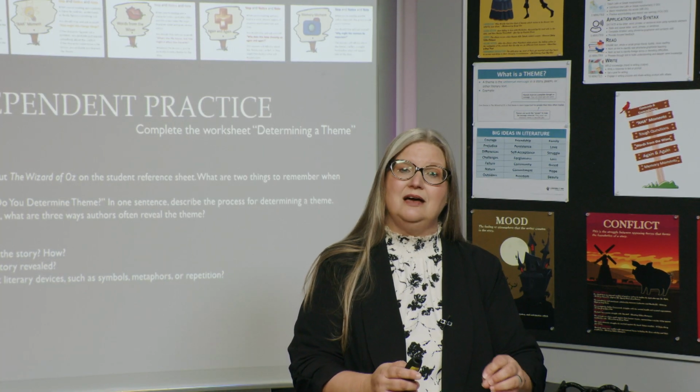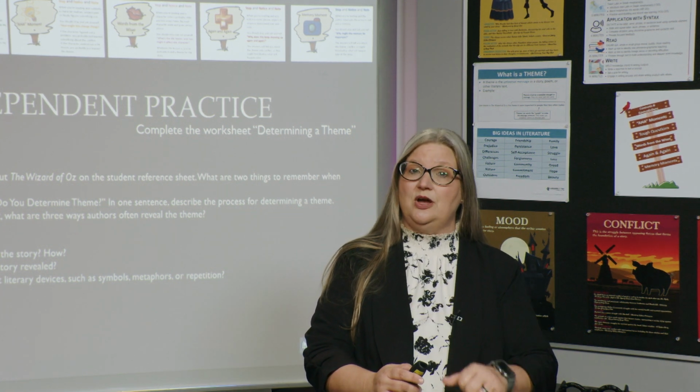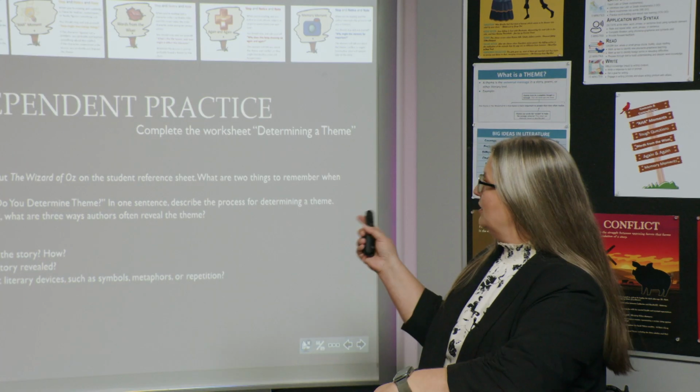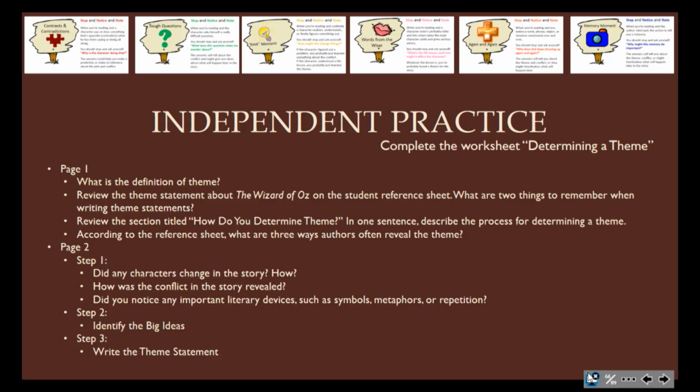So you should have a packet for developing a theme. The things that we just went over are on the front of that packet. And then you're going to work through pages 1 and 2. You will define theme, and you will review the statements about the Wizard of Oz on the student reference sheet, and you're going to write down those 2 things to remember when writing theme statements.